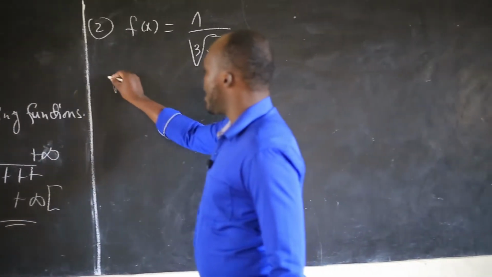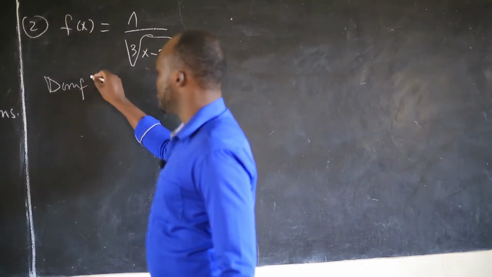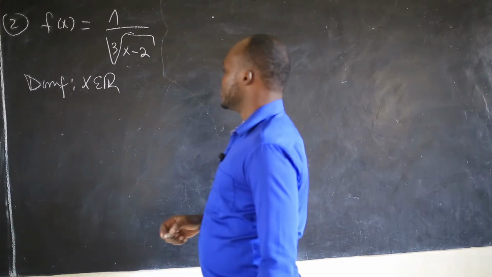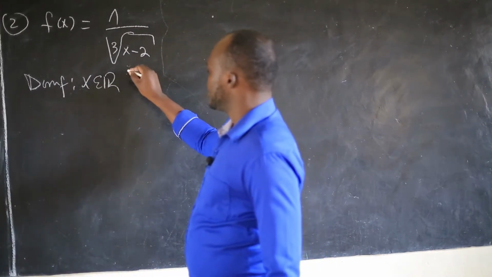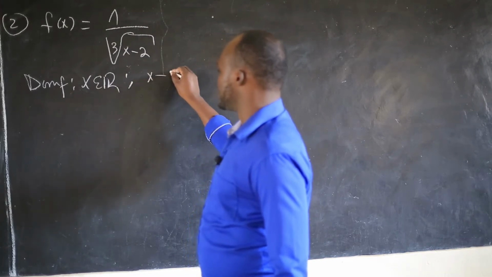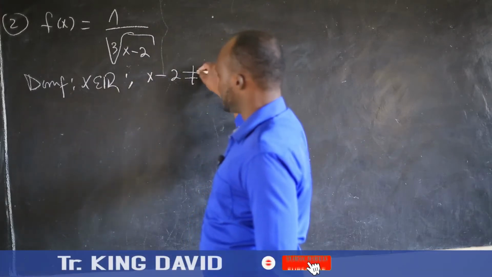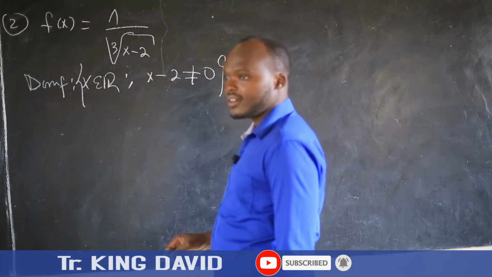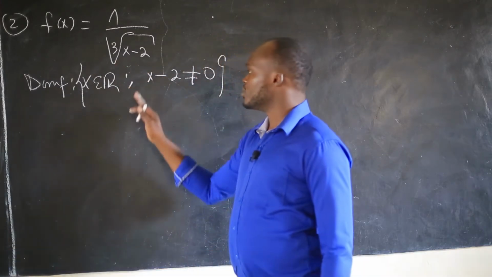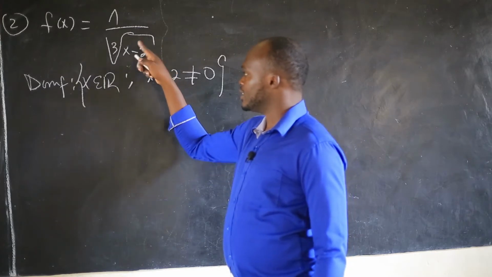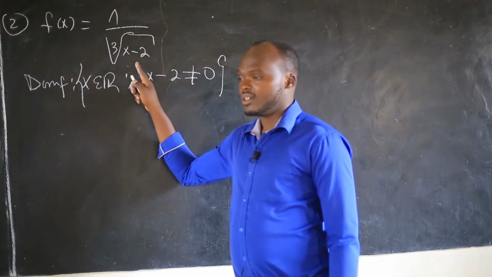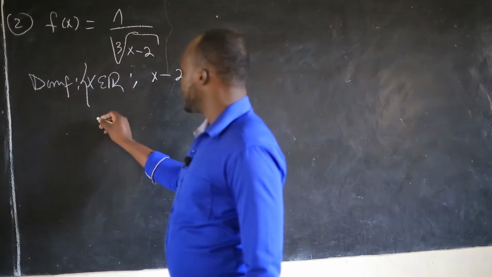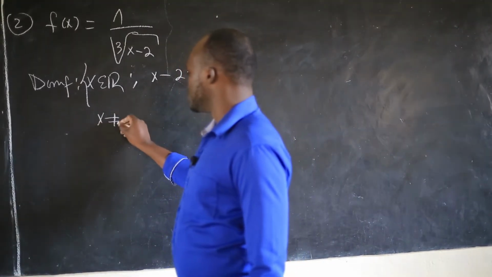So here, dom f, x is a member of real numbers, the domain of definition, such that x minus 2 is different from 0. Because to get the cube root of x minus 2, there is no condition. The condition is only that this value is in the denominator and it has to be different from 0. So our x is different from 2.